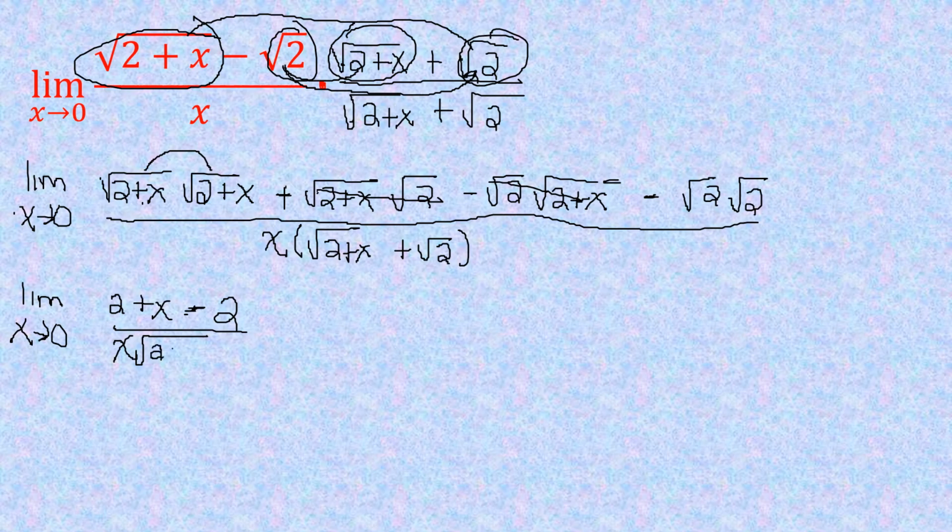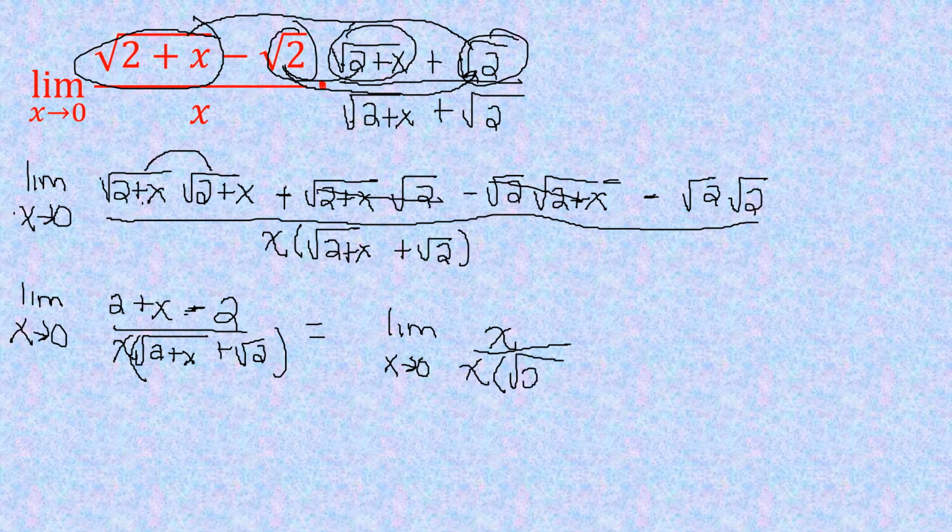So this would be 2 plus x, then plus radical 2. And all of that needs to be in parentheses because we're multiplying that quantity. I'm still writing the limit because I have not taken the limit. So this is the limit as x approaches 0. 2 plus x minus 2 is just x. My denominator, I have not done anything to that, so it remains the same.